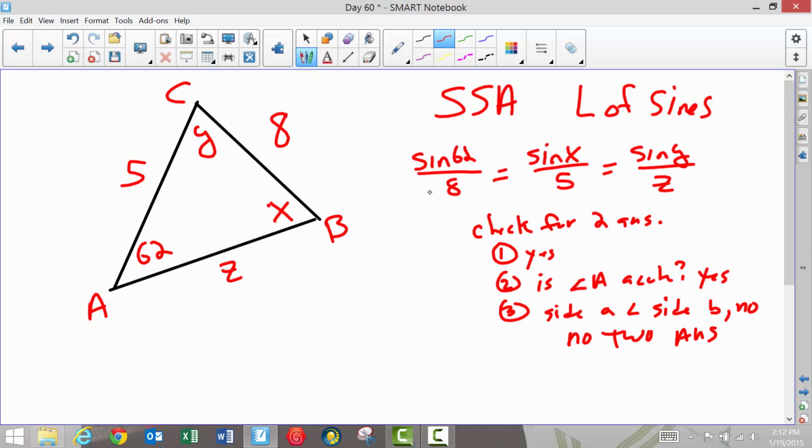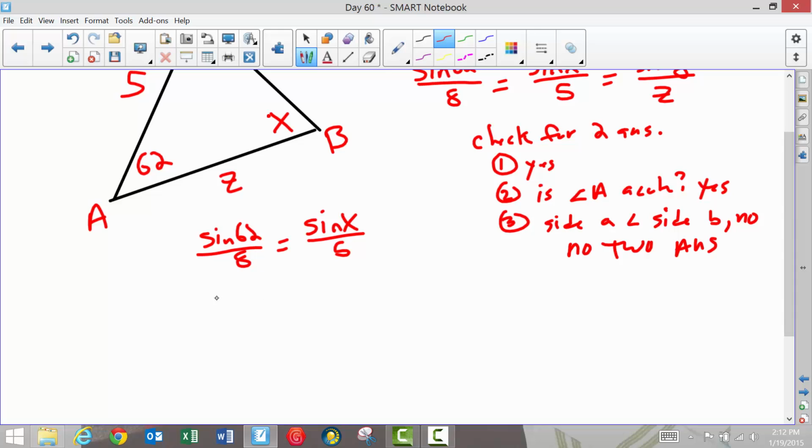So how do I solve it? I pick one ratio that has everything filled in, which is sine 62 over 8. So I set it equal to sine x over 5. Cross multiply. So I have 6 sine 62 equals 8 sine x.